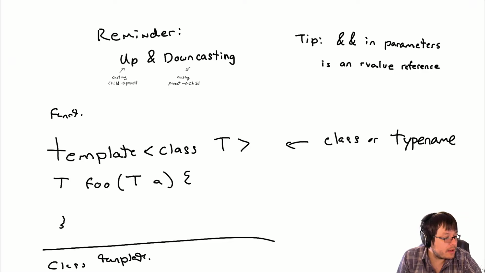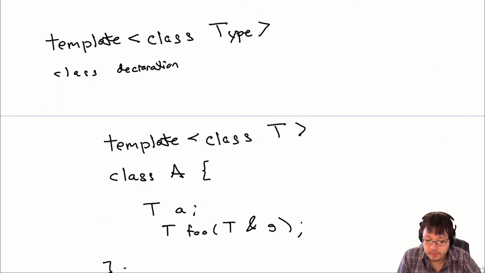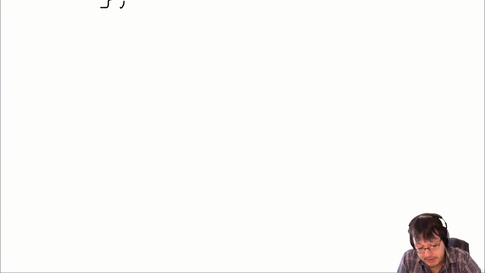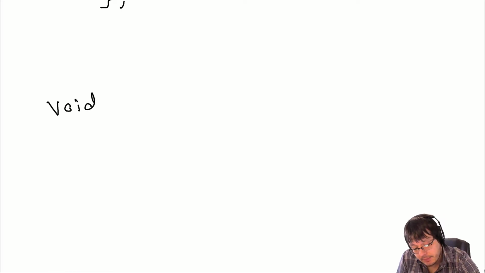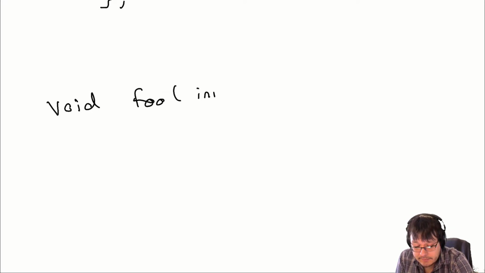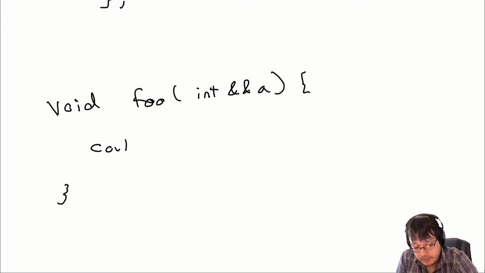If you see a piece of code of this format, so forget about templates for a minute, void foo, and then you have something like int ampersand ampersand a, and then there's some code that works with that one, you might be asking yourself, what the heck is this? Like two ampersands? That's scary.